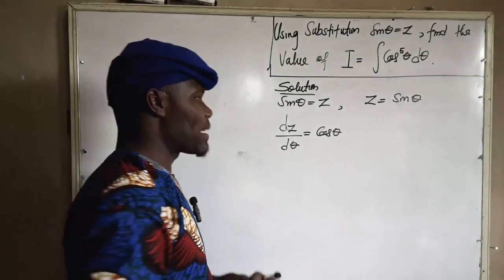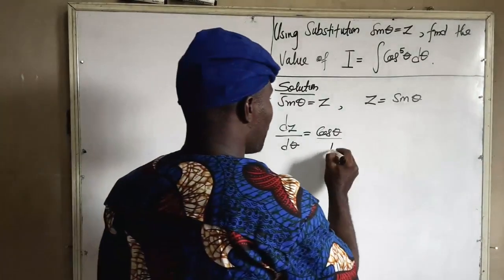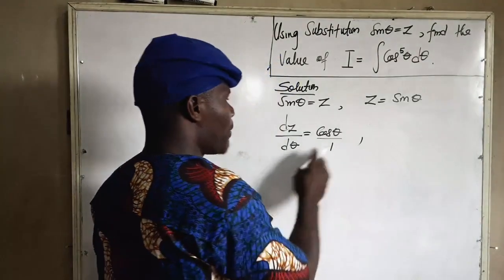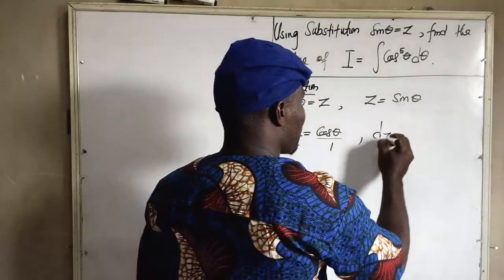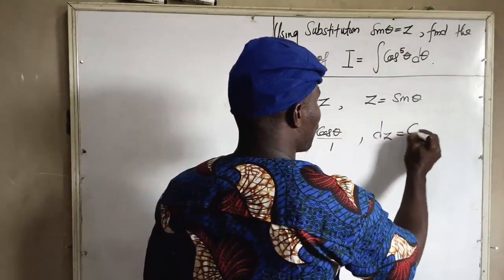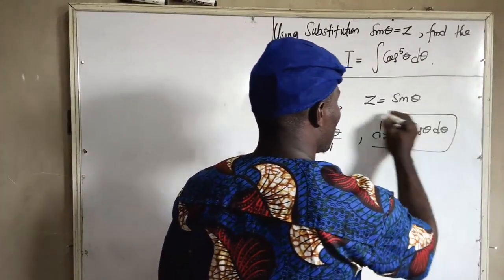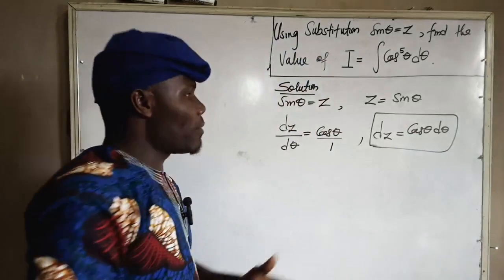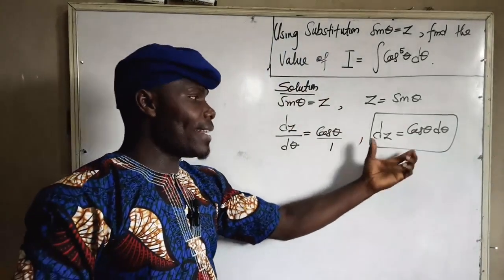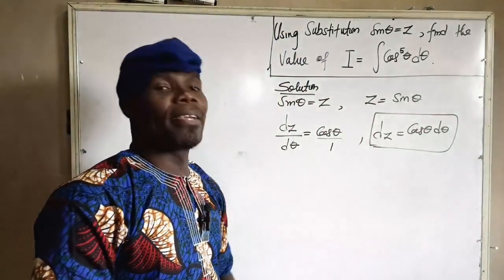Let's cross multiply. By cross multiplying, you have dz is equal to cos theta d theta. You have gotten the value that dz is equal to cos theta d theta.